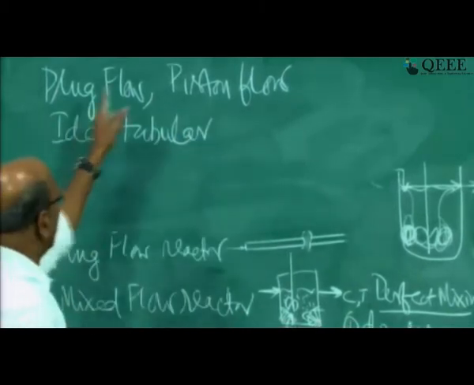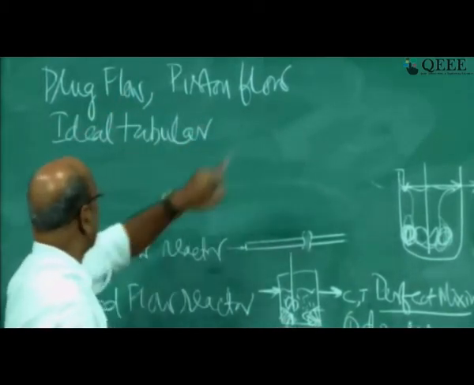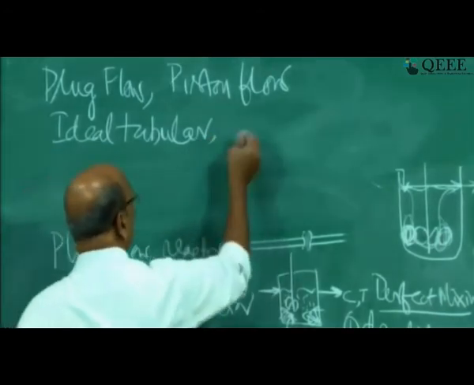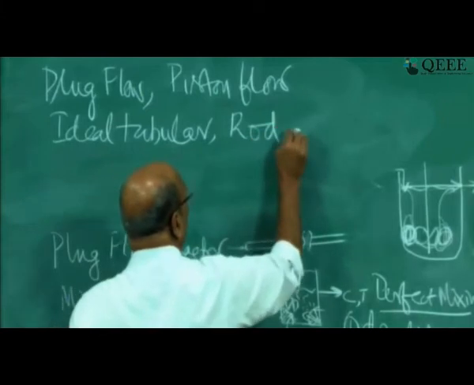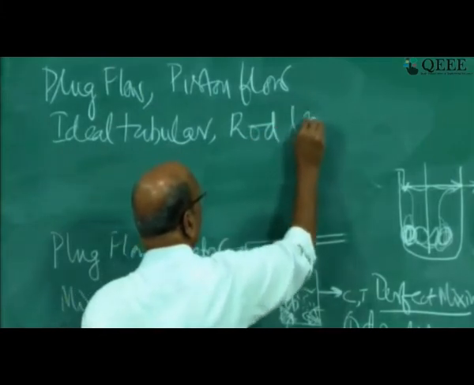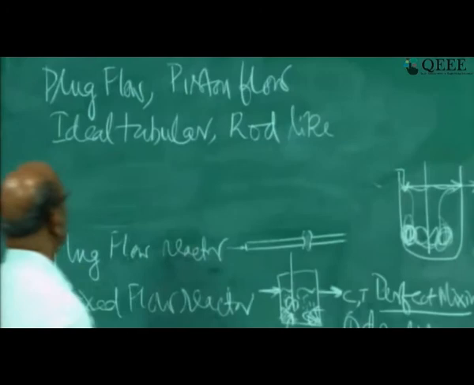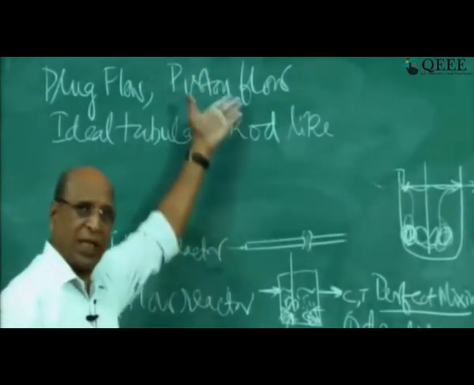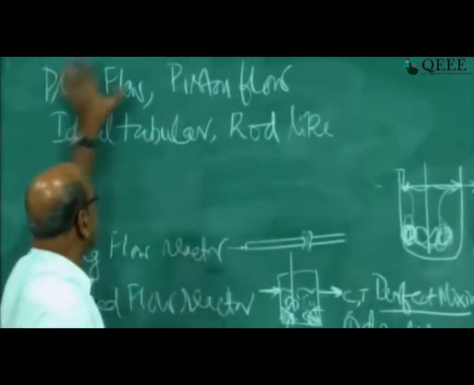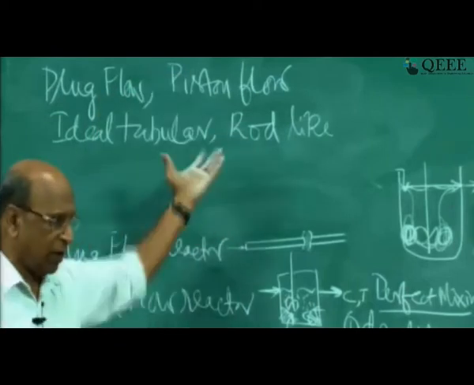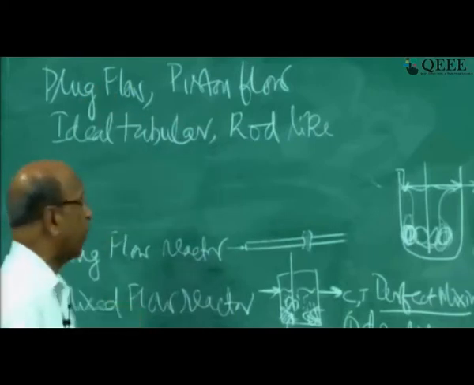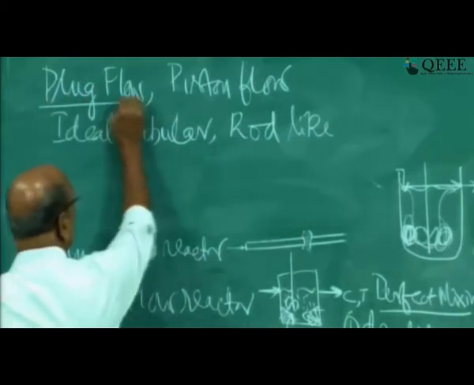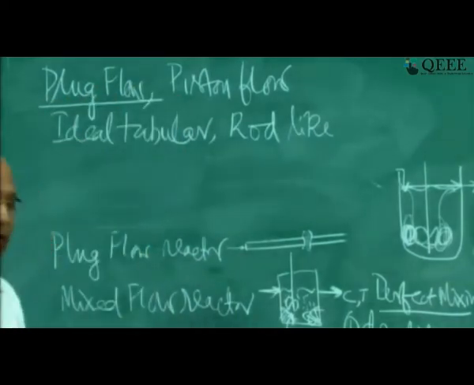Some people also call it rod-like flow. Piston and rod are both the same, but still some people say that. So these are the general names that are used. I don't know whether I have forgotten one or two. But in our course, most of the time we call it only plug flow reactor.